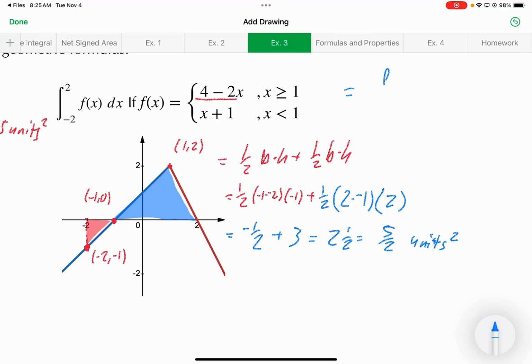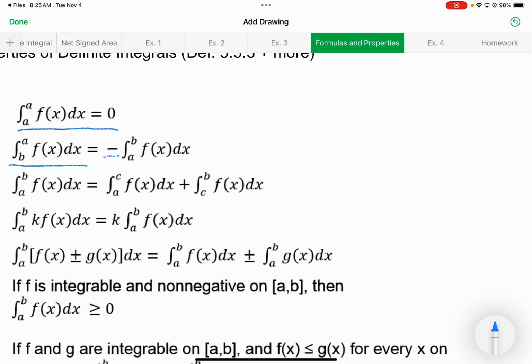We're taking the integral from -2 to -1 of f of x dx, and then we're adding to it the integral from -1 to 2 of f of x dx, okay? So that's using that third property right on that previous example that we just did. We just broke it up into two areas and added them together, okay?